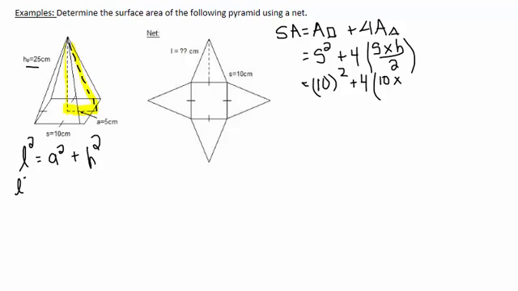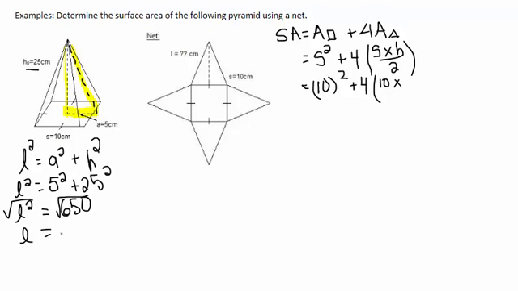Now L squared is equal to 5 squared plus 25 squared, which is equal to 650. And then we take the square root of both sides. So L is equal to 25.5 centimeters. Now we know that the height of the triangle, or the hypotenuse, is 25.5 centimeters.